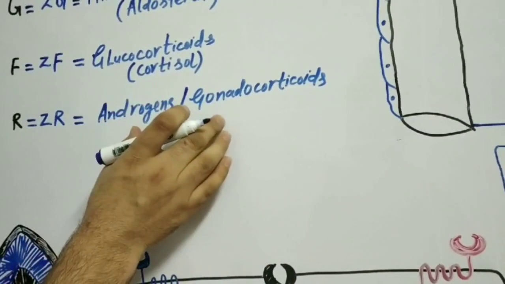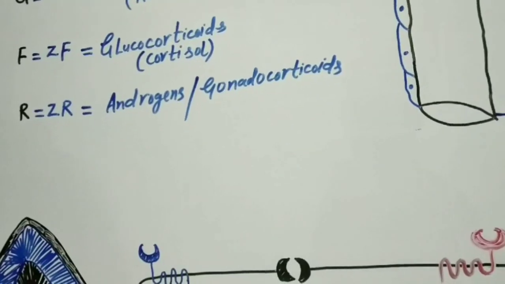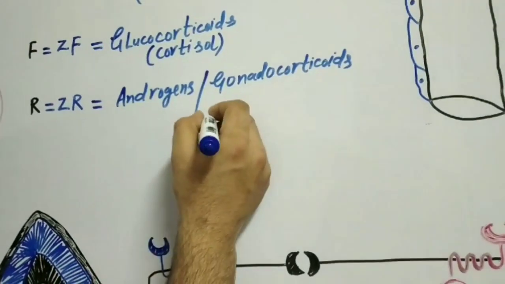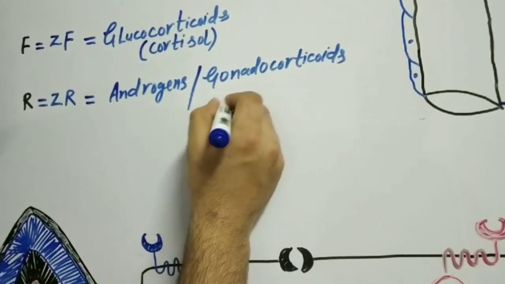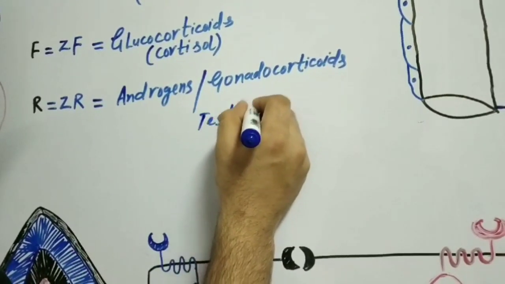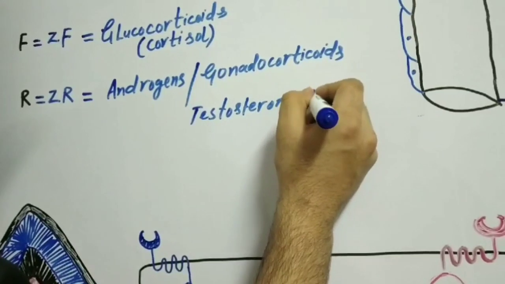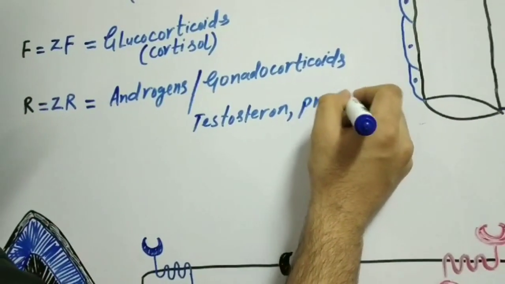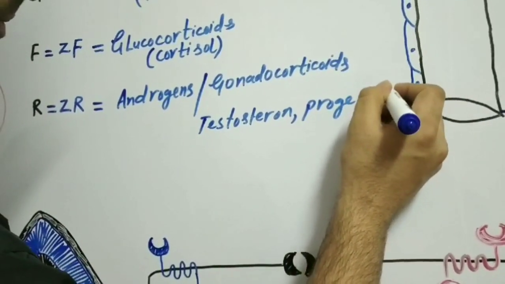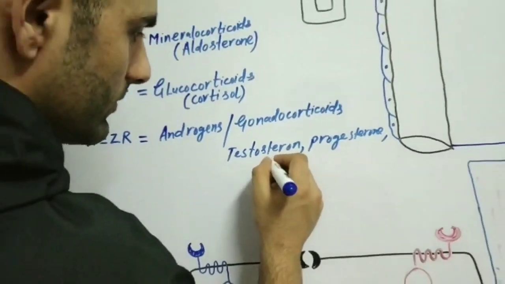In these androgens or gonadocorticoids, you can take examples like testosterone, progesterone, and estrogen.